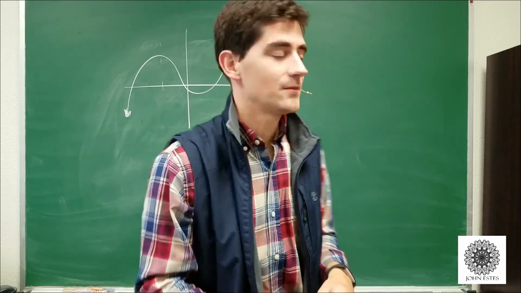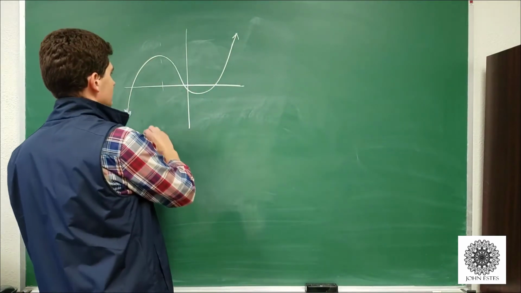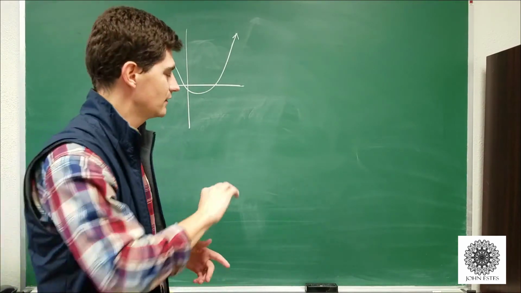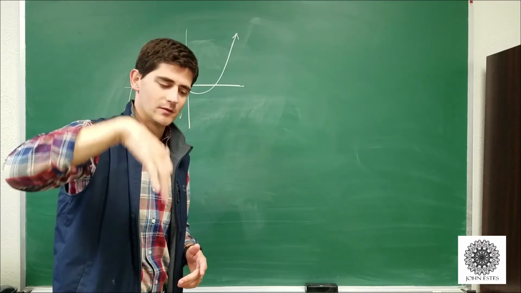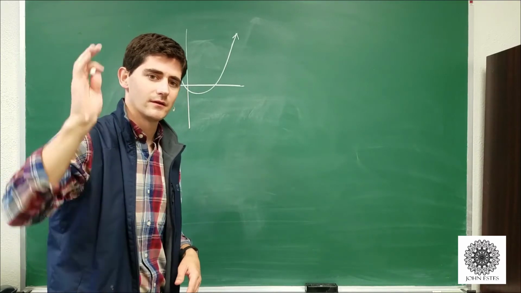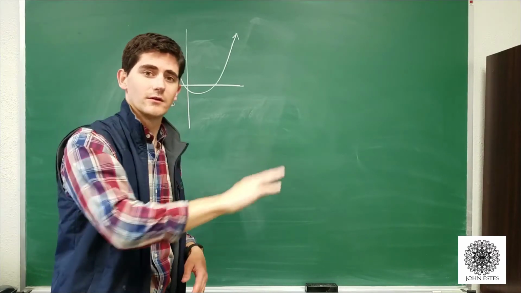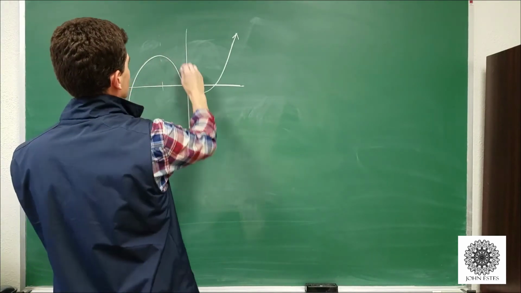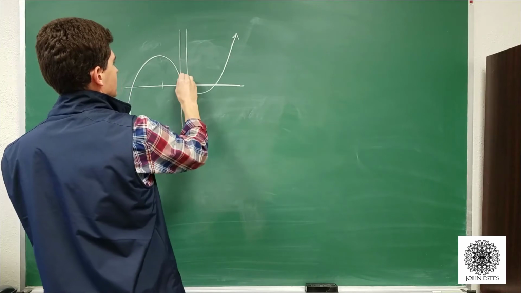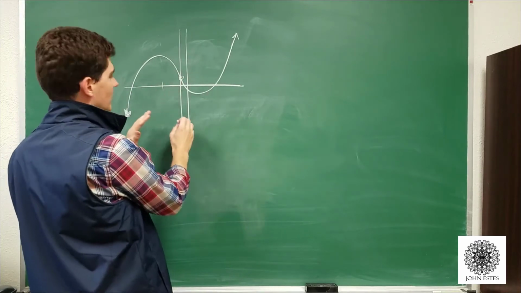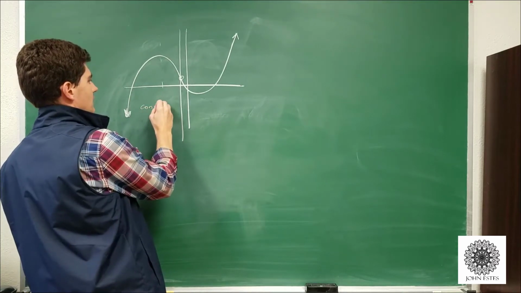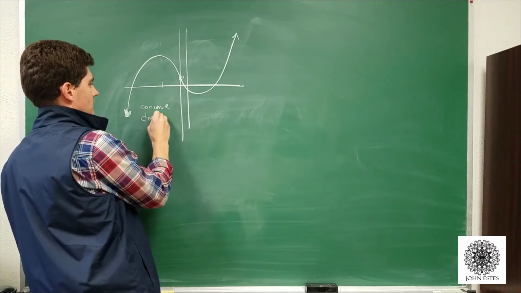All that to say that the second derivative tells me my concavity, and the concavity is the way you bend. Are you bending up or are you bending down? Are you opening downward or are you opening upward? So for example here, I can see that up until about right that point, this thing is bending down, and we call this concave down.